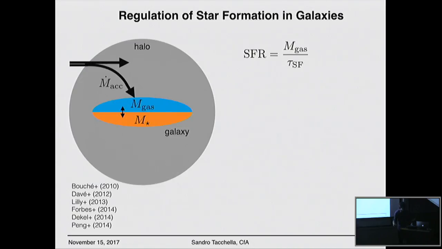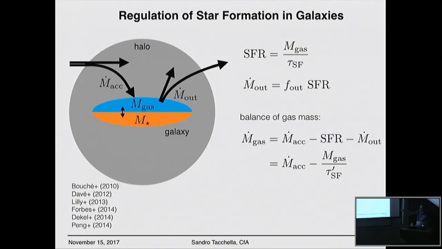We can then have some accretion of gas that falls into this regime. And then we also have some outflowing gas, and we can simply write the outflow rate to be proportional to the star formation rate, because we think that star formation actually drives some of these winds. And when we do this, we can write the simple balance of the gas mass: there is accretion, there is star formation rate, and outflow rate.